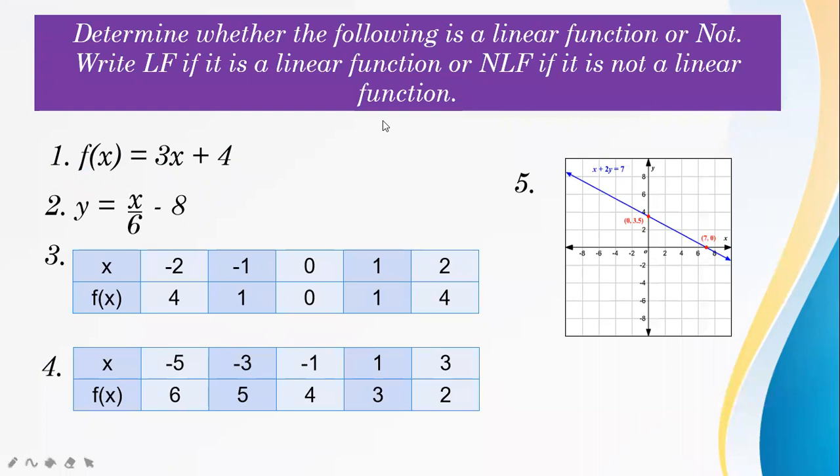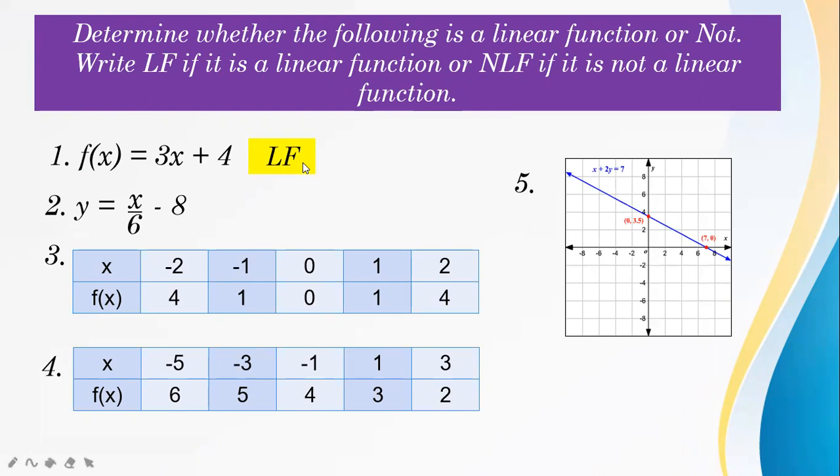Now we have the next example. Determine whether the following is a linear function or not. Write LF if it is a linear function, or NLF if it is not a linear function. Now look at number 1. F of x equals 3x plus 4. Therefore, this one is a linear function because the highest exponent, or degree, of x is 1.